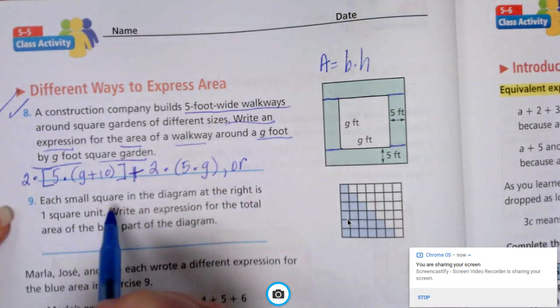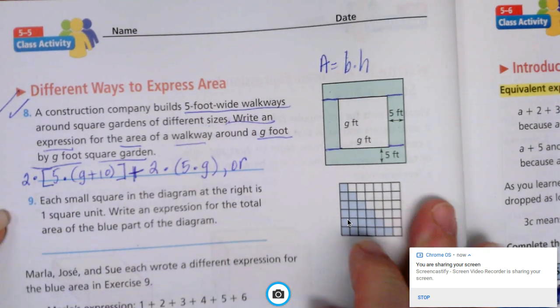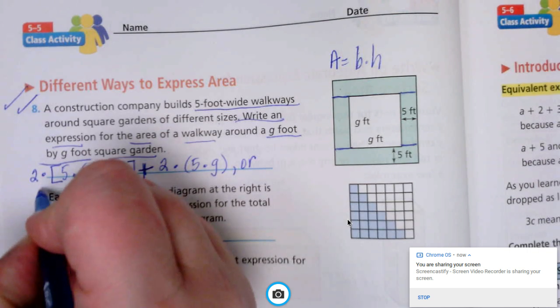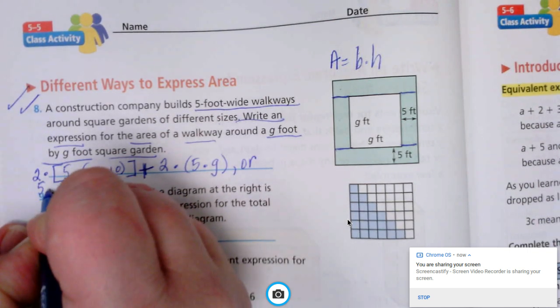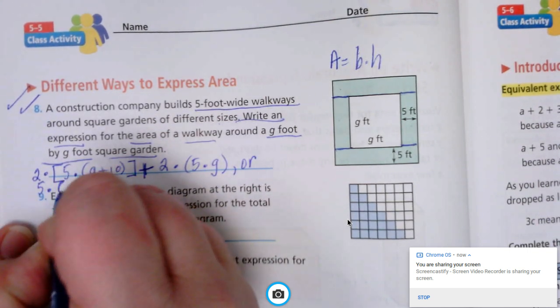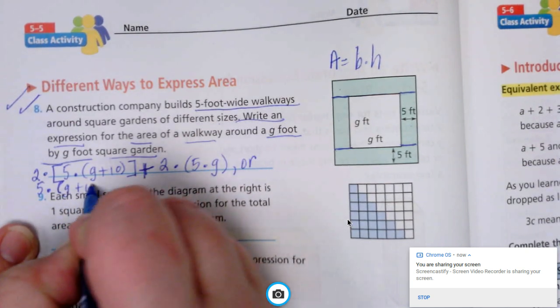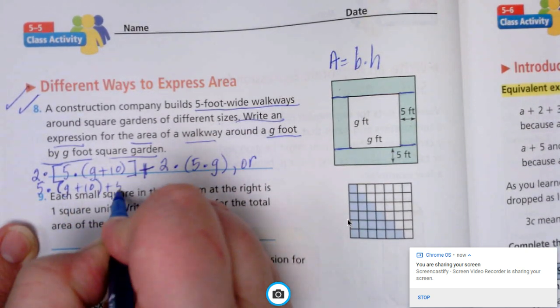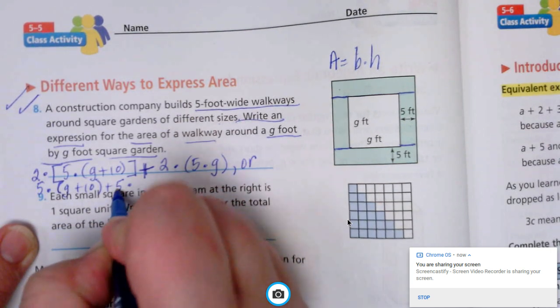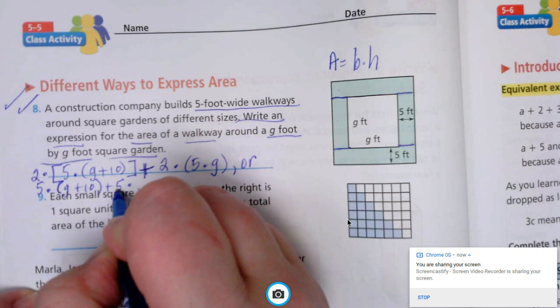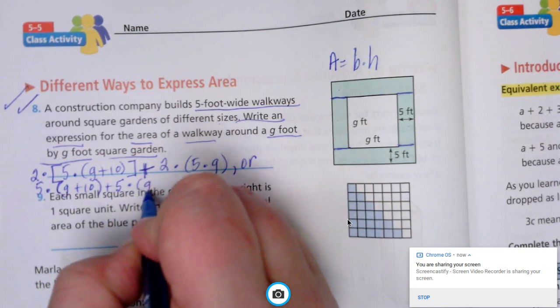So I'm going to start another line here. 5 times, and I can put in parentheses G plus 10, plus 5 times G plus 10.